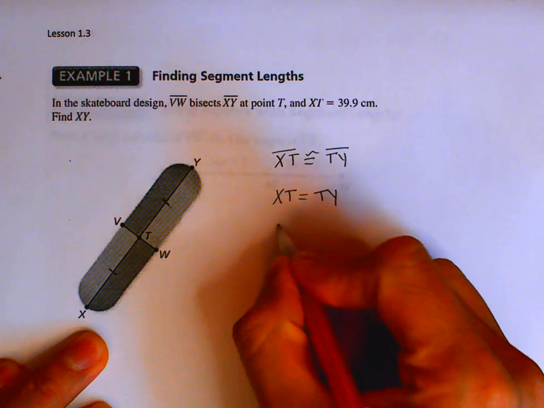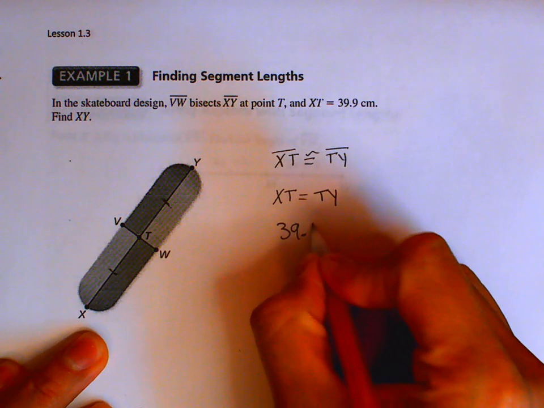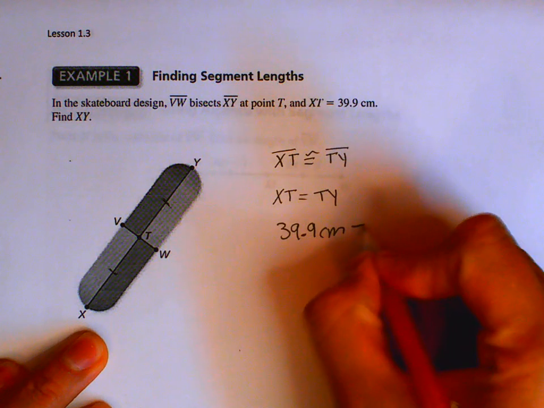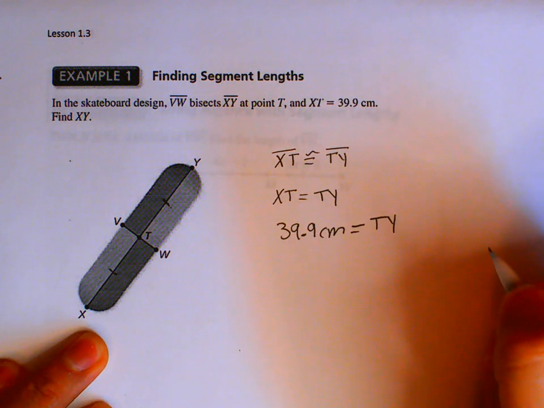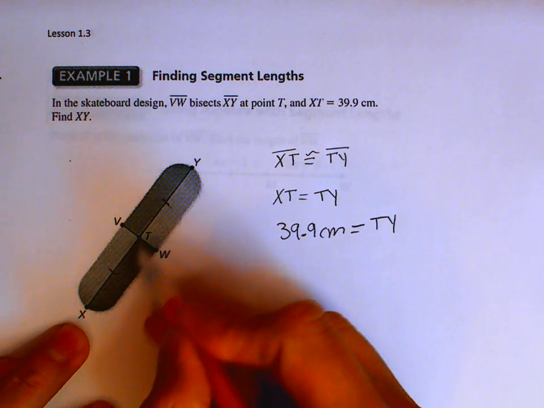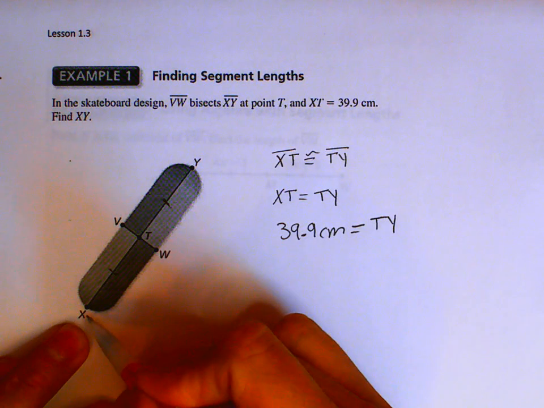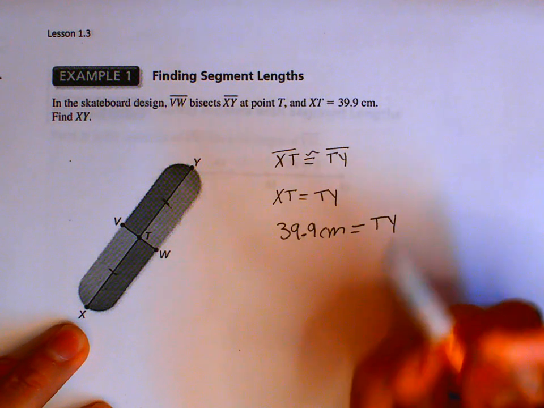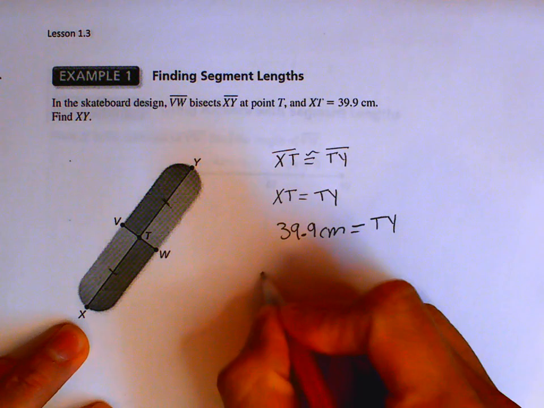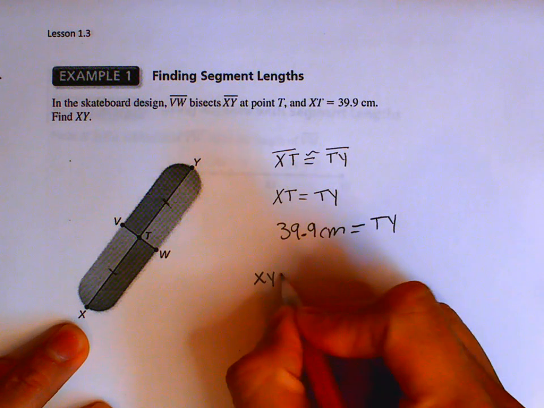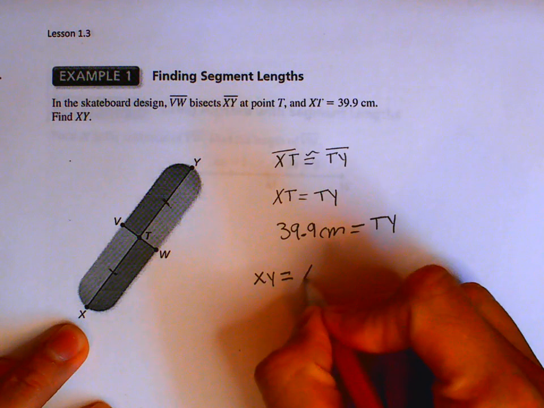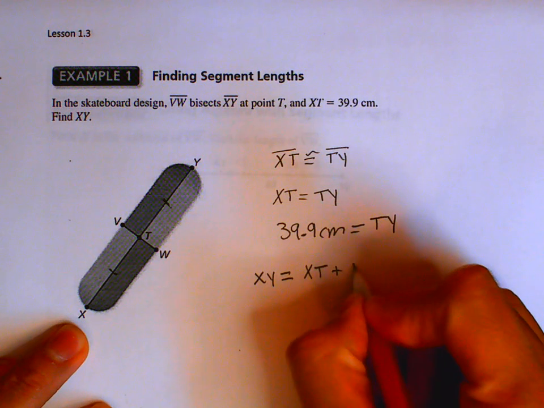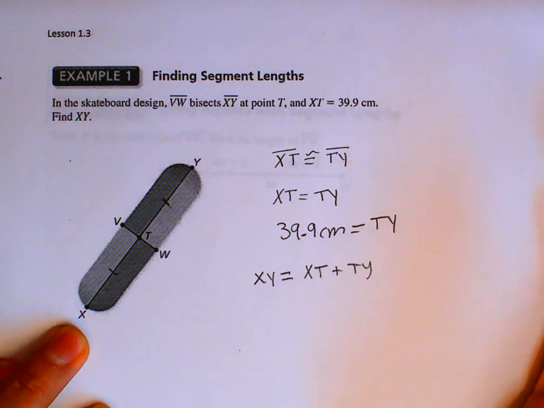Well, it's 39.9 centimeters. That is how much TY is. So if XT is 39.9 and TY is also 39.9, then XY is the sum of XT plus TY because of the segment addition postulate.